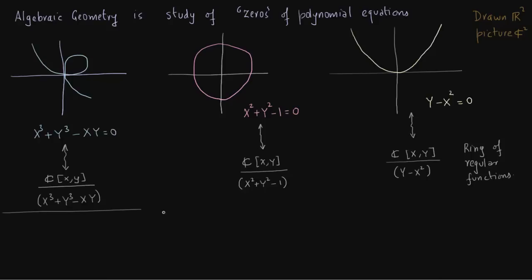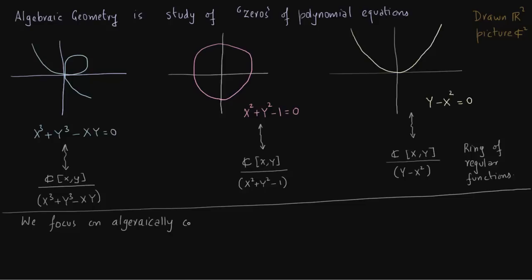So we focus on algebraically closed fields. So we will come back and construct all these bridges which we have just mentioned in passing later on. So our purpose is simply to focus on algebraically closed fields, for example complex numbers, algebraic numbers, or the algebraic closure of finite fields.